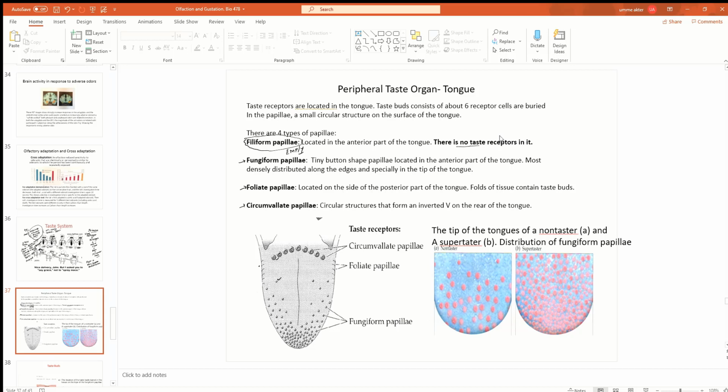First, let's see the fungiform papilla, tiny mushroom-shaped structures located along the edges and top of the front two-thirds of the tongue. If you see, these are the fungiform papilla, and almost all of them are present in the anterior two-thirds part of the tongue.